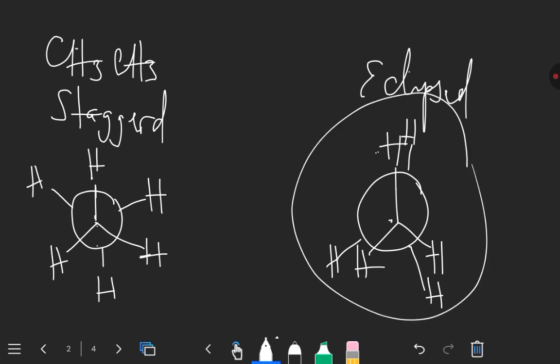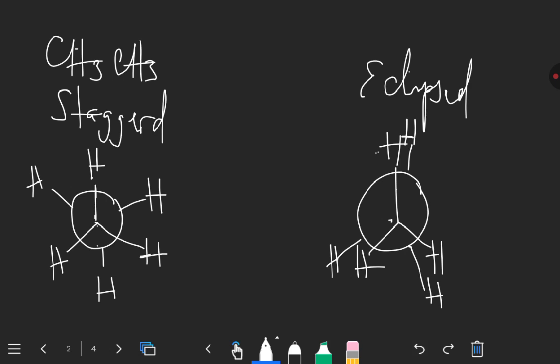So this is my eclipsed projection. So this is my eclipsed, then this is staggered, and we can see that this is actually a fully eclipsed conformation. So there is what is known as a fully eclipsed and also a partially eclipsed configuration.